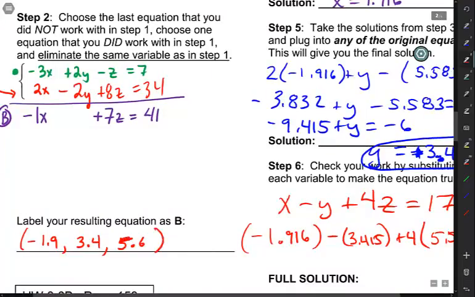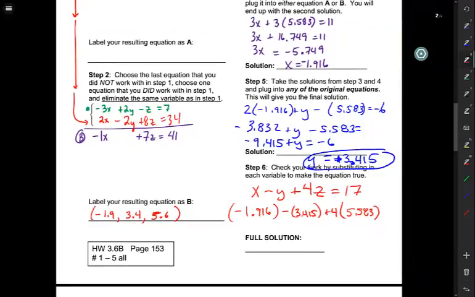Now, if you put those numbers in to check it, would your answer be 17.001? Yes. No, it might be 17.1 or 16.9. So the more accurate you are, the more accurate your answer is. But the point is, did it work? Yeah.